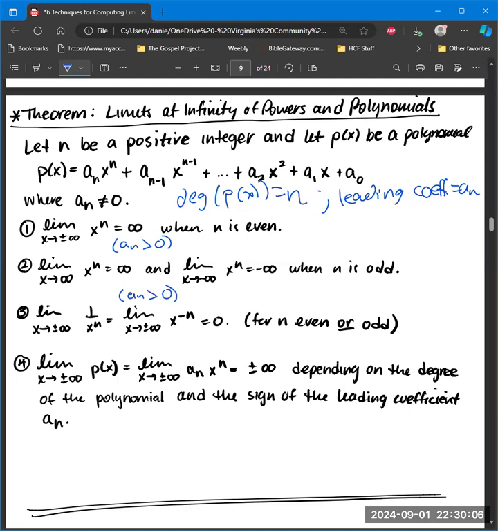The limit as x goes to plus or minus infinity of 1 over x to the n, which equals x to the negative n, is equal to 0 for n being even or odd. They'll have a horizontal asymptote at y equals 0. The limit as x goes to plus or minus infinity of p of x is equal to the limit of a sub n x to the n, which will be plus or minus infinity depending on the degree of the polynomial, even or odd, and the sign of the leading coefficient a sub n.